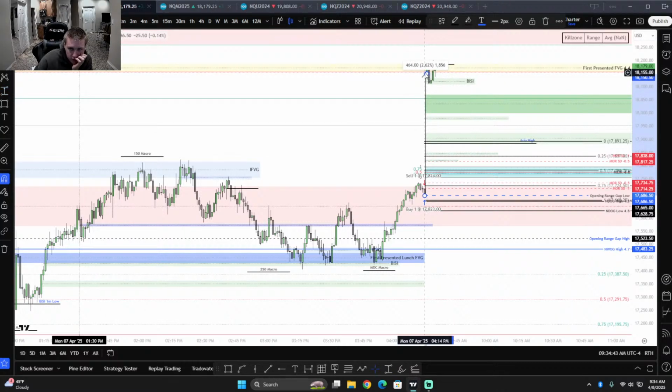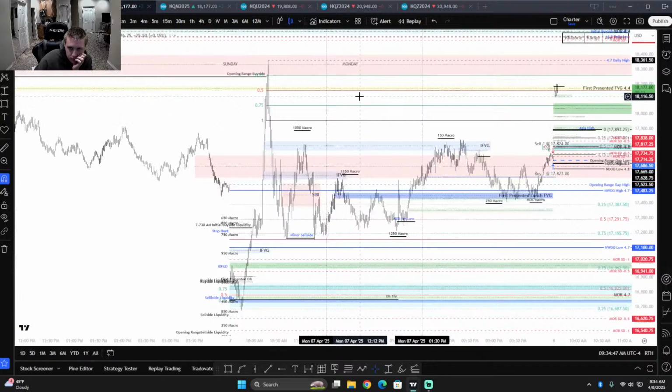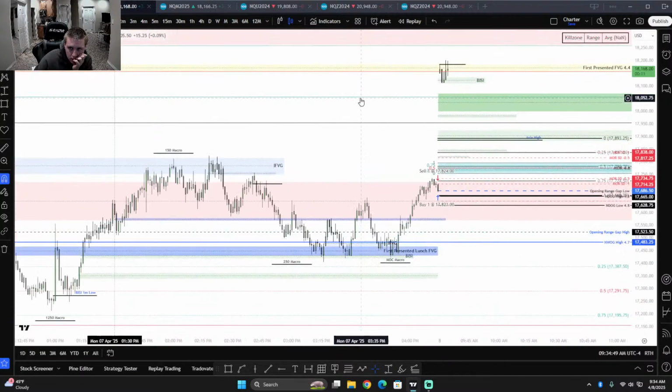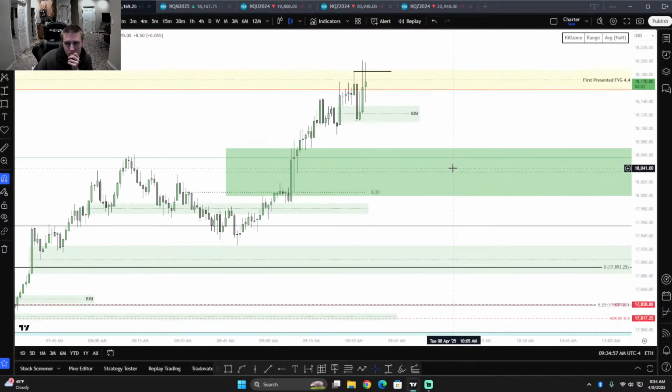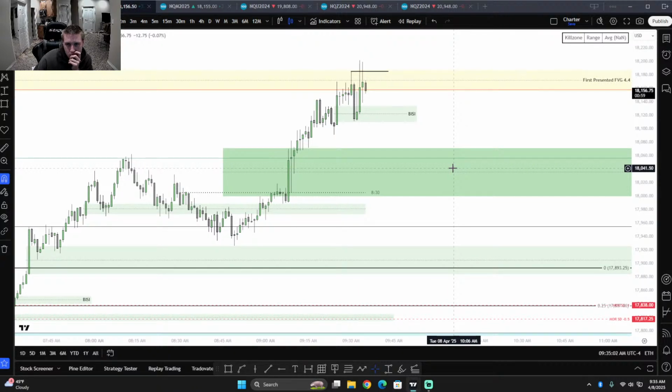We have a 400-point opening range gap. Still using that first presented fair value gap.